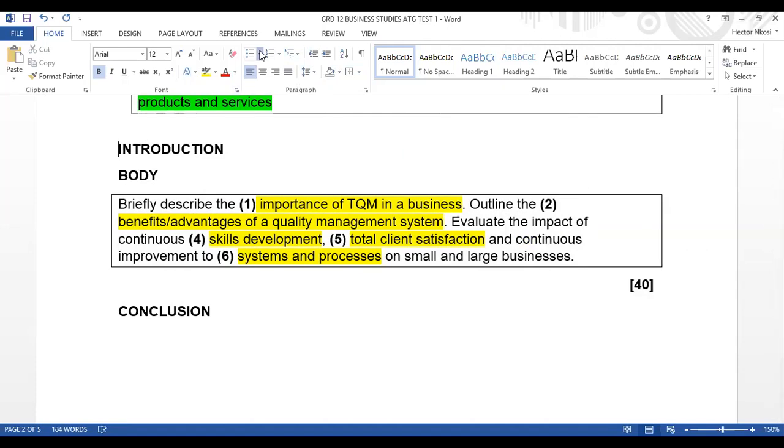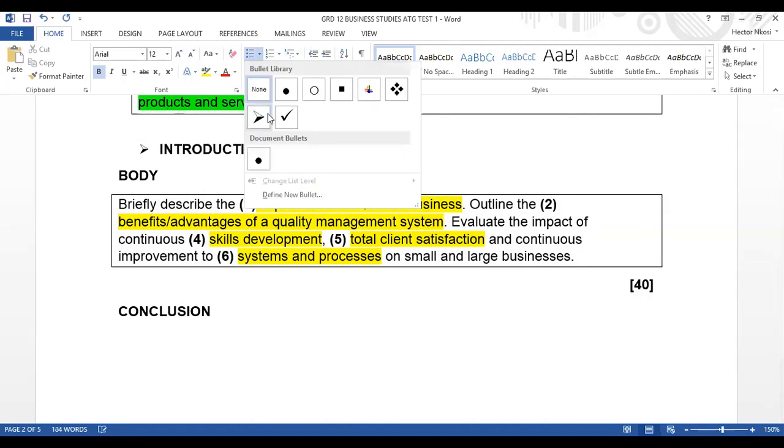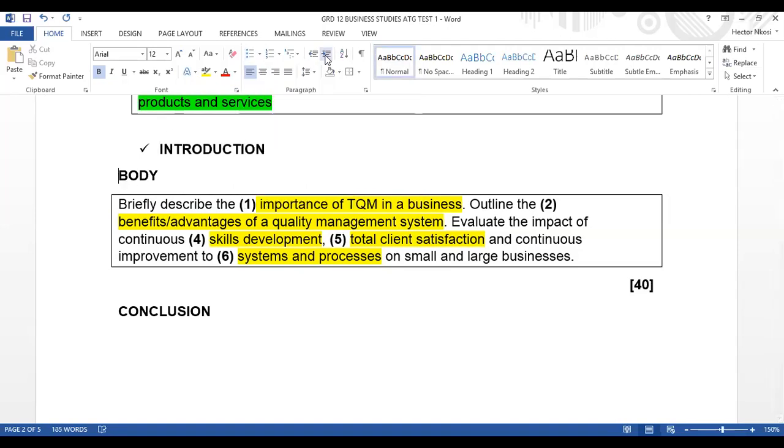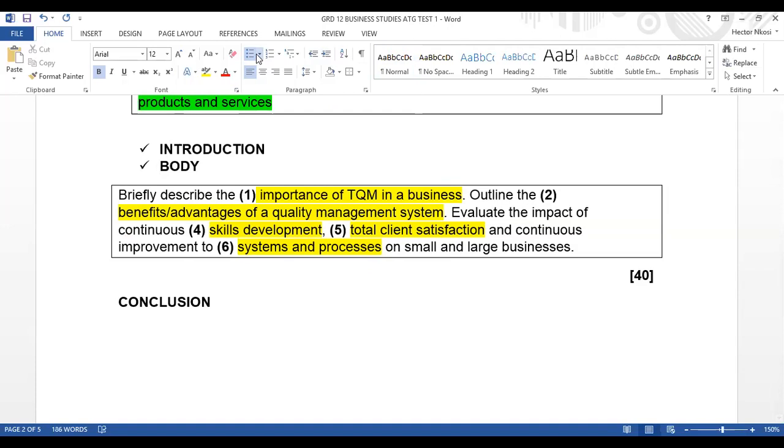I want to show you how you must analyze this in an exam type question. And you know that under your intro, you need 2 points. Under your conclusion, you also need 2 points.